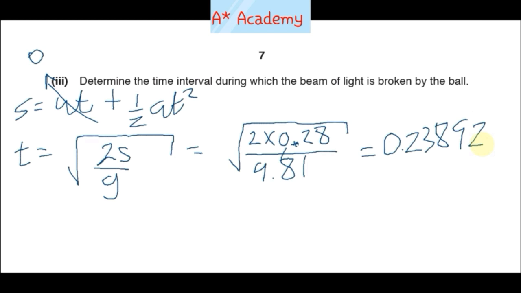So in the data that we've been given, 0.280, this figure is to 3 significant figures. So we should leave our answer to 3 significant figures, because that was 3SF.